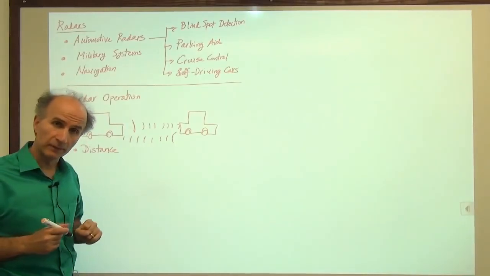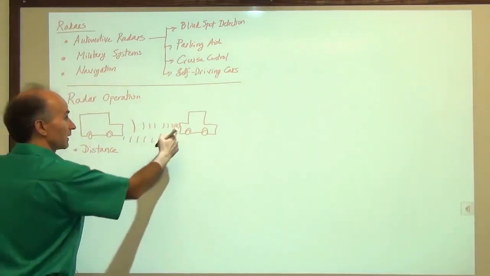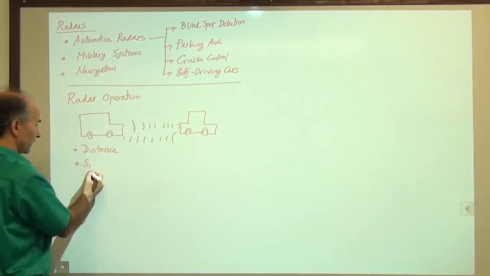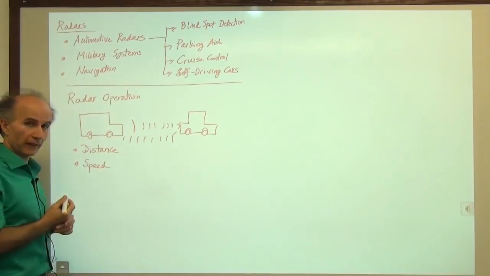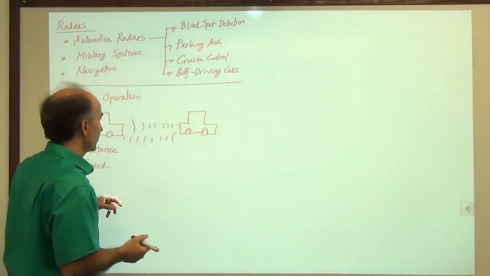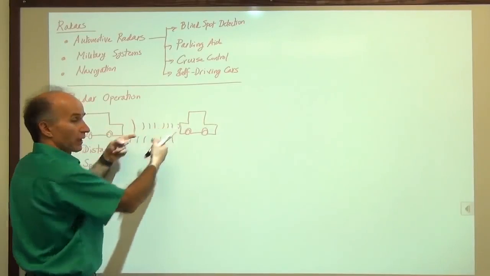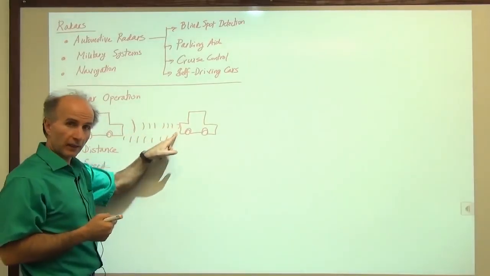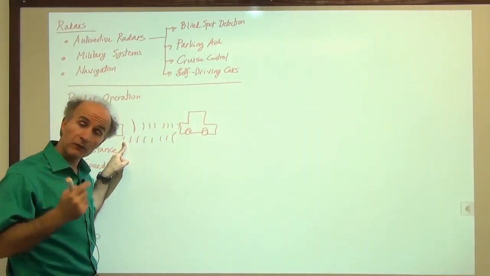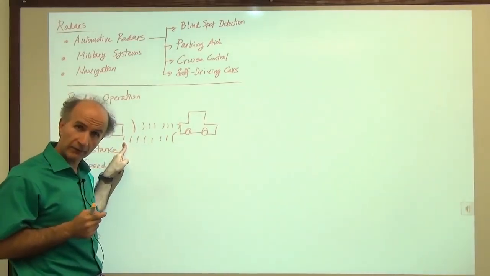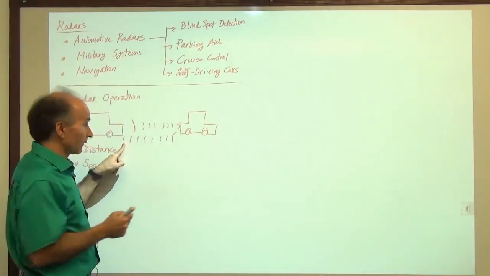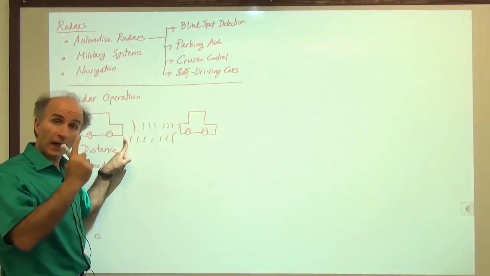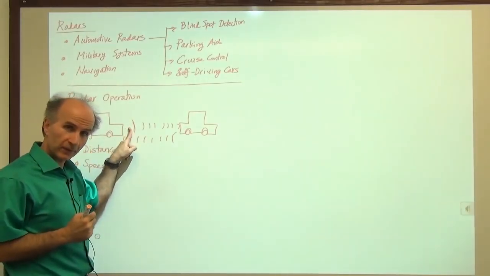But there's one more thing we can do, and that's the speed of this vehicle with respect to us. So we can find the speed or velocity. How do we do that? Well, suppose that these two vehicles are coming towards each other. When we send a wave from here and it goes back and hits the car and comes back, the frequency of the wave changes. This is called Doppler effect or Doppler shift. If the cars are coming towards each other, the frequency of the wave that we receive goes up with respect to what we transmitted.